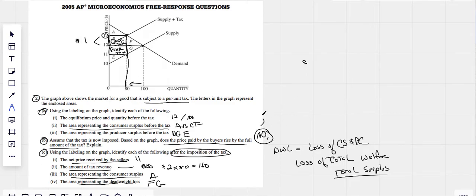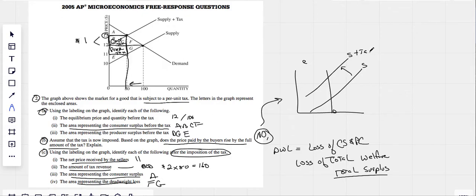The way they would like you to explain this is that if demand is perfectly inelastic and there's a tax, supply shifts to the left, S plus tax, just like what we have over here.